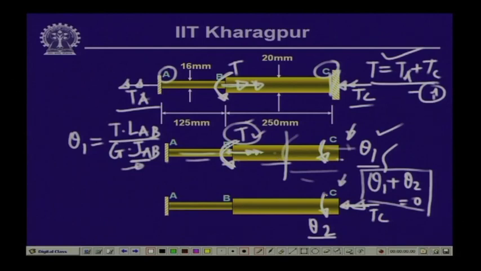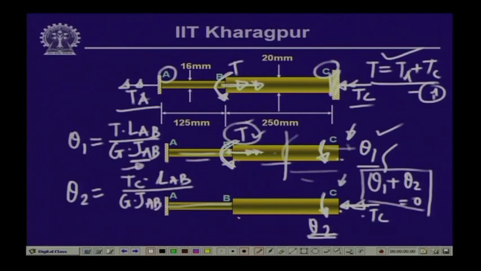Now, when this shaft is subjected to a twisting moment at C and undergoing a rotation of theta 2, the value of theta 2 will be equal to the twisting moment T C times, for part A B, length A B by G times J A B. Also for the part B C there will be a rotation, so there will be plus T C times length B C divided by G J B C.